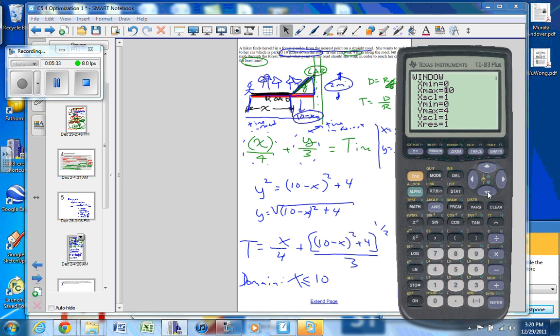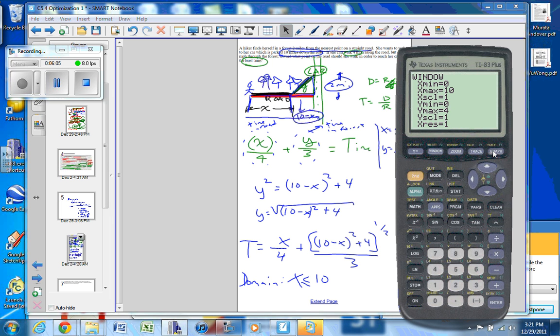And for time, I'm going up to 4, because the time is in hours. In terms of needing to walk 10 miles and then 2 miles, we can walk that 10 miles in about 2.5 hours and the 2 miles in less than 2 hours. So this just seemed like a reasonable guess, and again, it's just a guess.